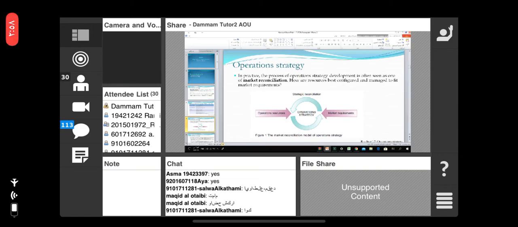Operation strategy has two factors. It is usually a reconciliation between the market requirements and the operational resources. That means you have one external factor, and on the other side the internal factor, the resources inside the organization.